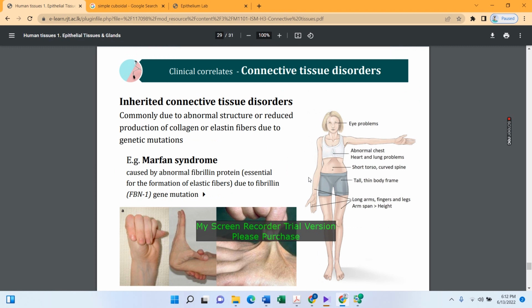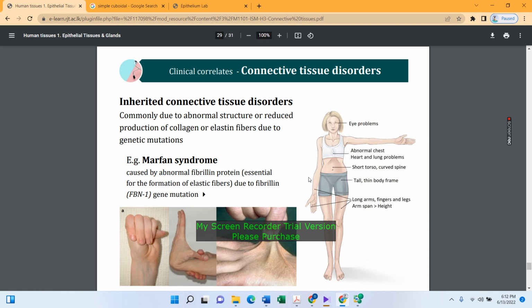Inherited connective tissue disorders are commonly due to abnormal structure or reduced production of collagen or elastin fibers because of a genetic mutation. One such syndrome is called Marfan syndrome.